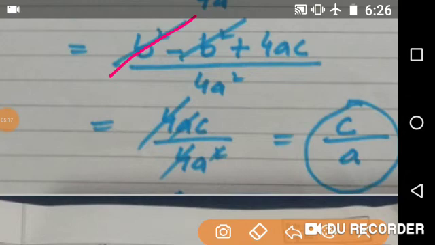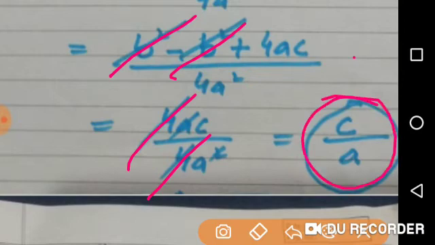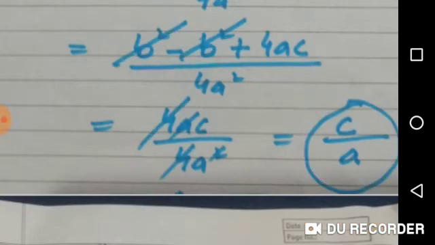You get 4ac divided by 4a square. So one a will be cancelled out. c by a is the formula for the product of the zeros.